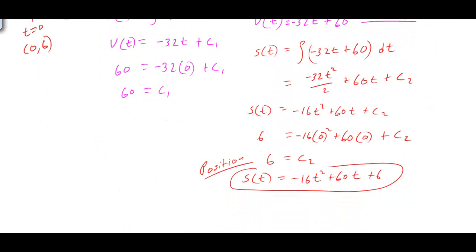Well, if we think about this in terms of velocity, the ball reaches its maximum height when? And that's going to happen when the velocity v of t equals 0.